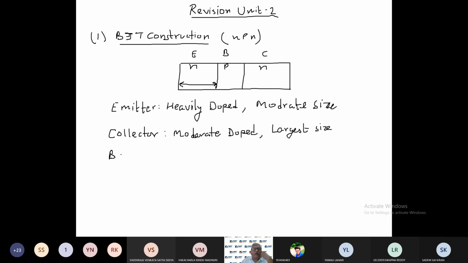And base, it is lightly doped and smallest size.